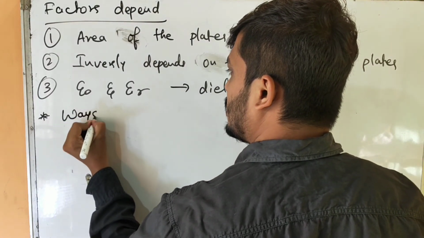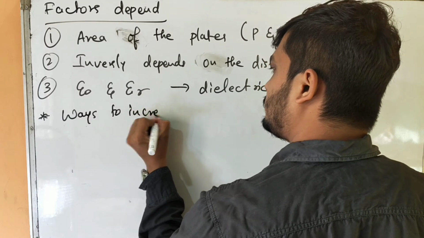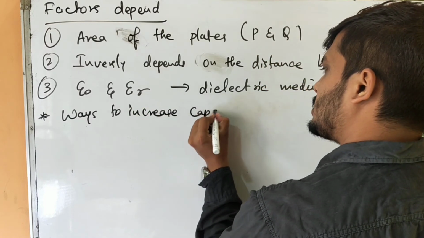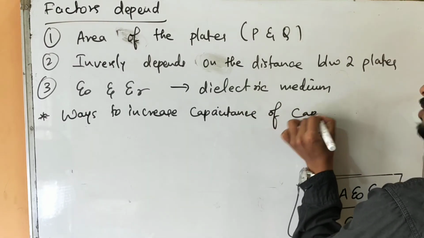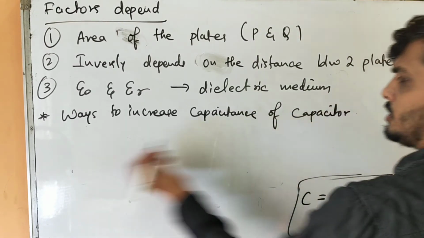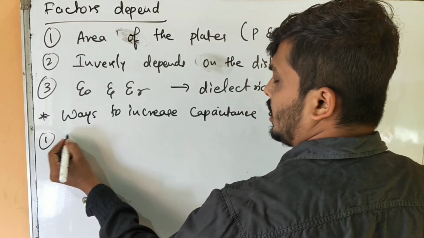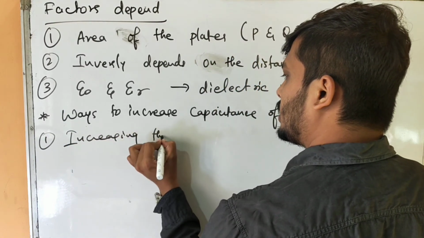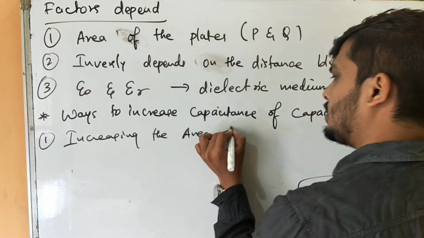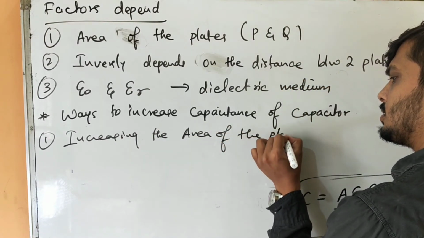So how to increase the capacitance of a capacitor? Ways to increase the capacitance of a capacitor: from this expression itself, first by increasing the area of the plates.